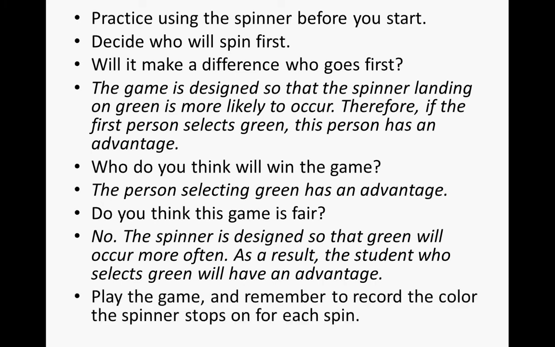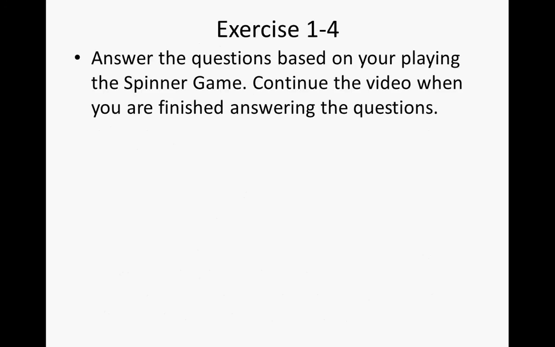Alright, so now go ahead, play the game, and remember to record the color the spinner stops on for each spin. When you're done, continue the video. Alright, so you should have some information from playing the game. You're going to answer exercises 1 through 4 based on your playing the spinner game. Continue the video when you are finished answering the questions.